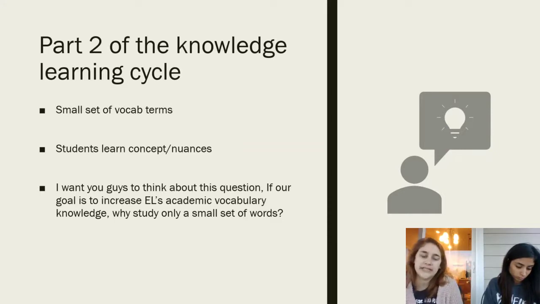So part 2 is the small set of vocab terms, which in the video, I don't know if you guys noticed, she gave them vocab words and they did all these different types of things with them. Like she did the one where she had them say it and then give the definition. They played a game. They did a motion kind of thing, and they said the word and then the definition.